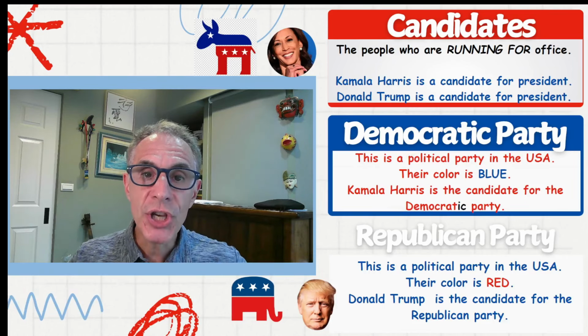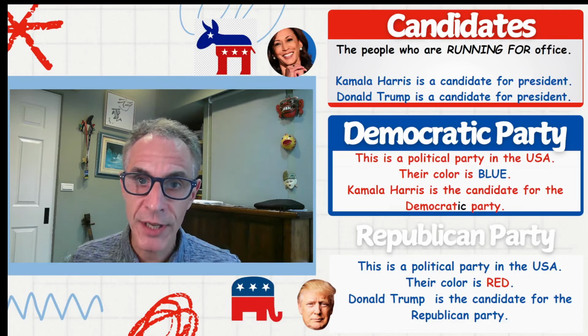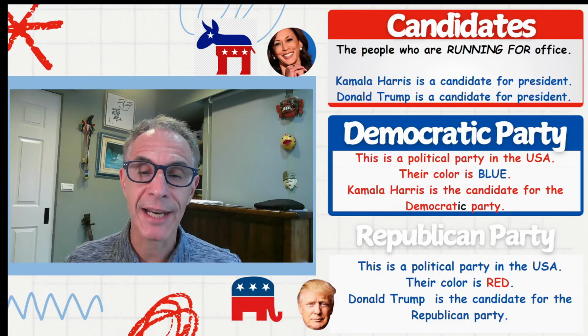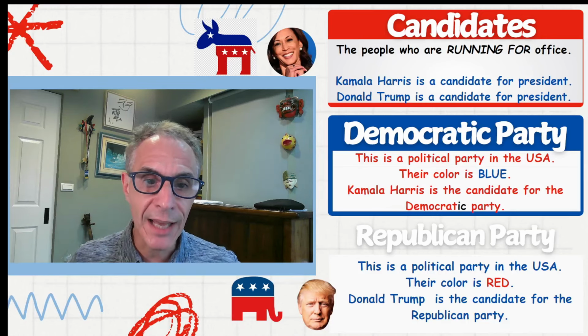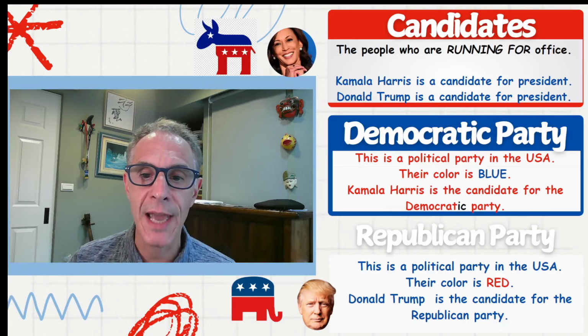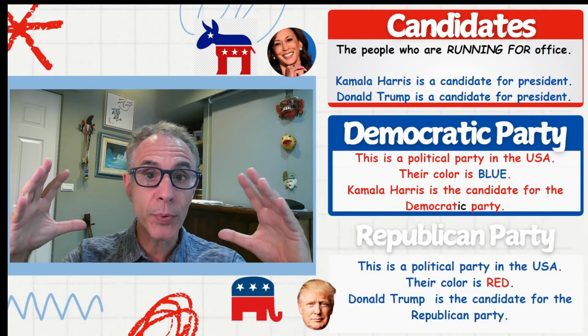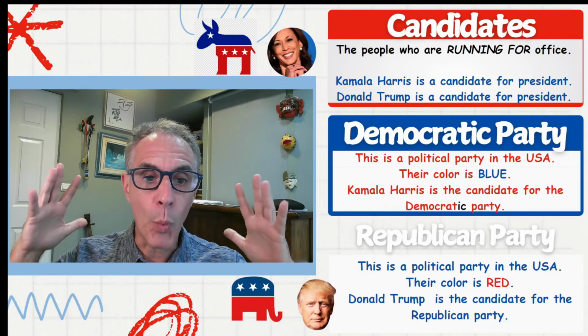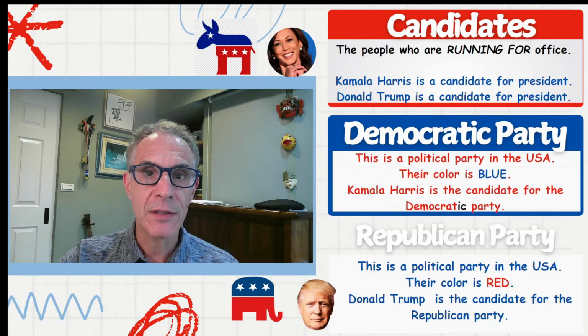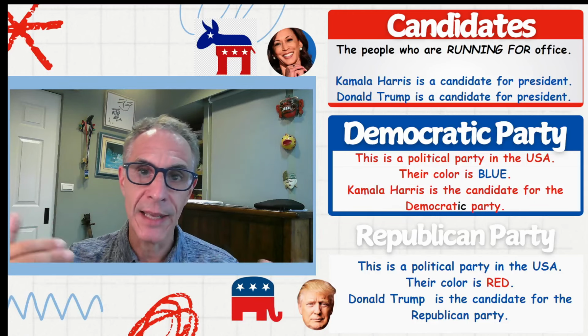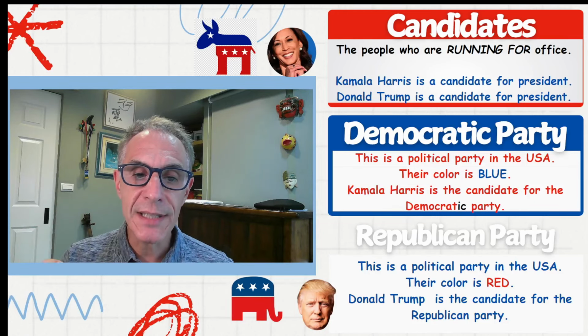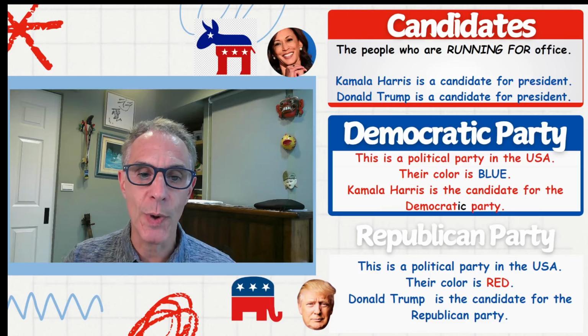All right, she is part of a party called the Democratic Party. Okay, now it's not like a party with balloons and cake. A party is a group of people that want Kamala to win so that they can use their plan in the government, all right? So there are two big parties in the USA.